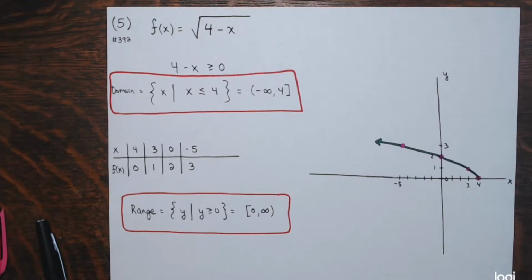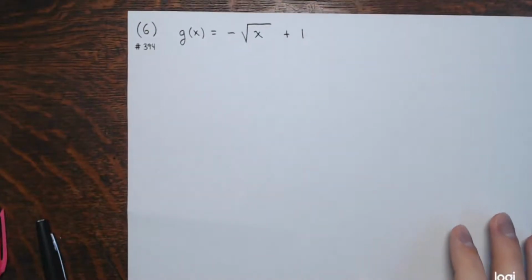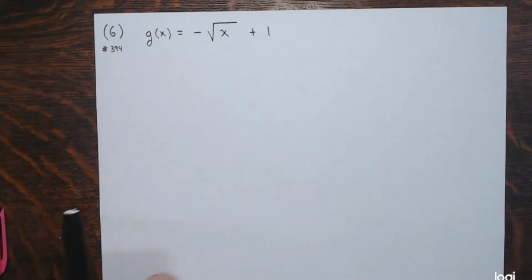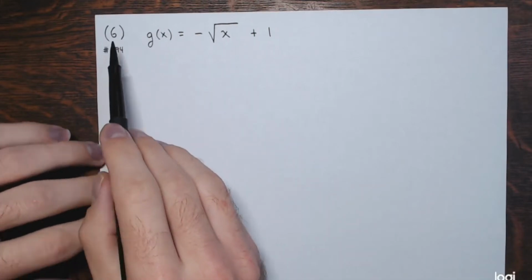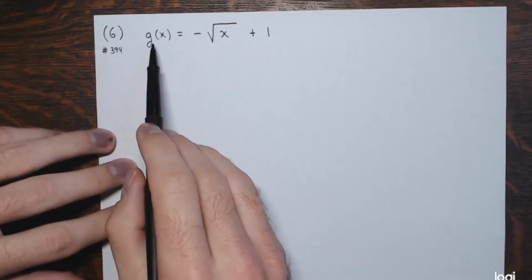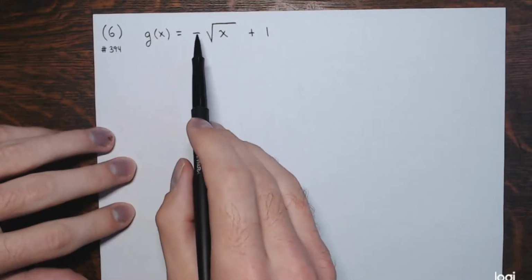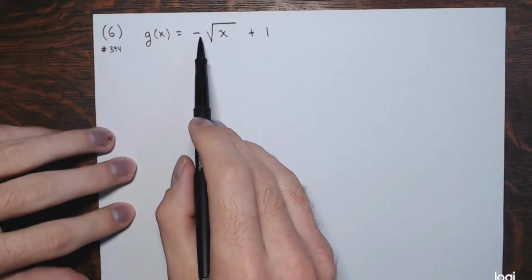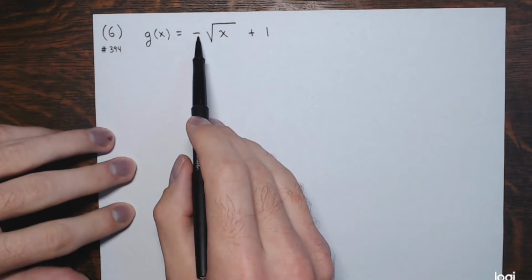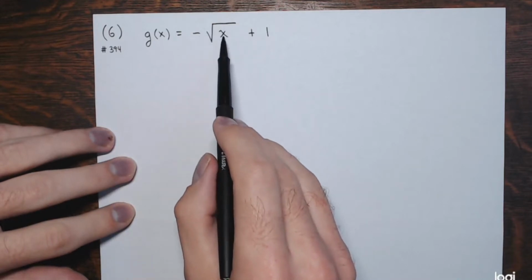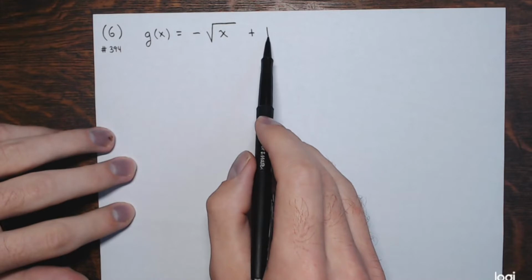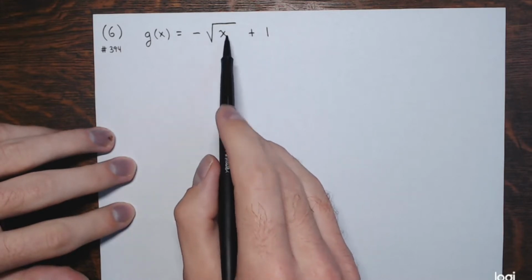All right, next question. So we got another, I think this is the last square root question that I'm going to be doing. So again, there's number 6, number 394 in the text. g of x equals, so see this negative outside the square root, right? Negative 1 times the square root of x, and then you have plus 1 still outside. Right, the only thing inside the square root is x.